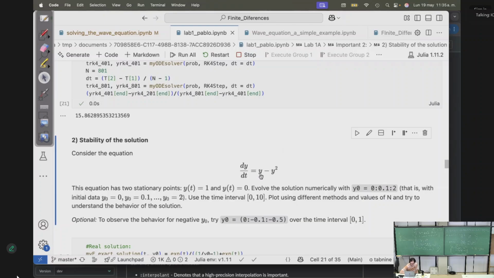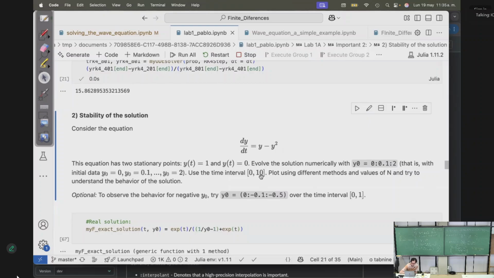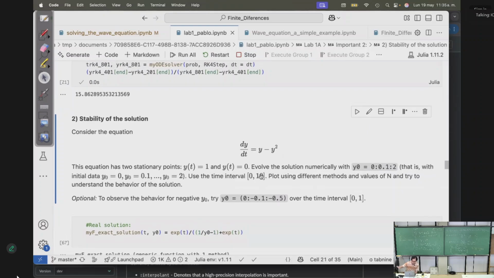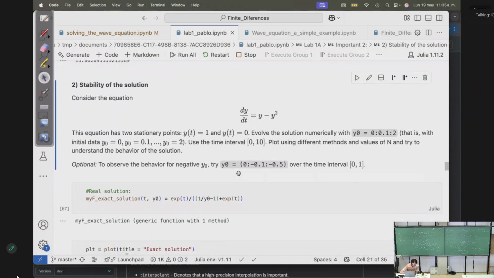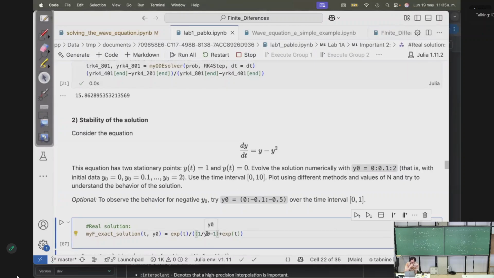It is a second order polynomial. But that doesn't mean that the solution will be defined for all time, and this is the case in this problem, right?